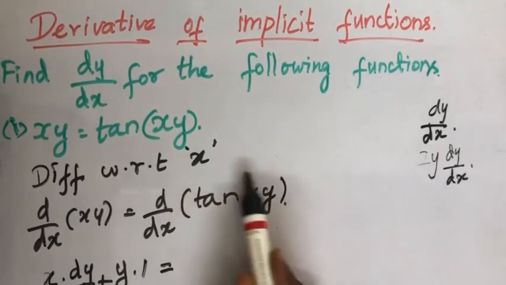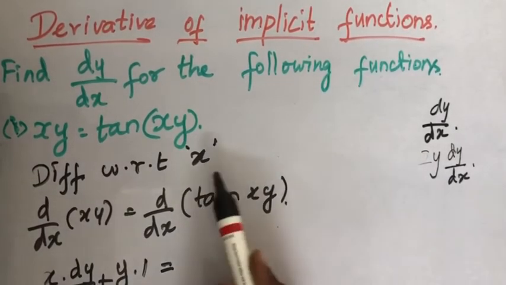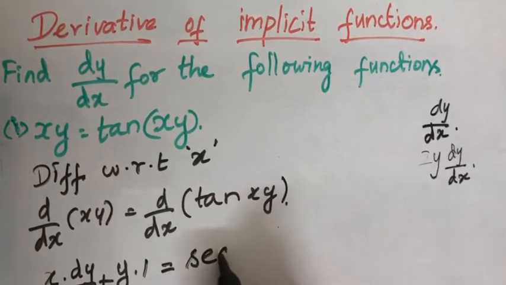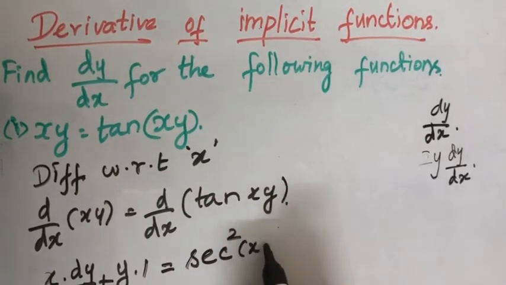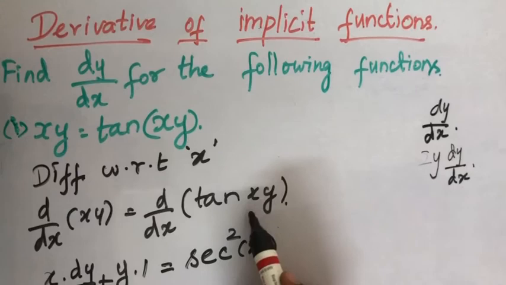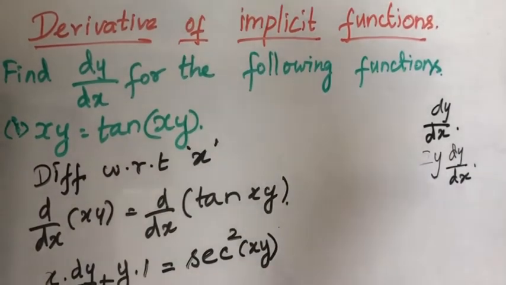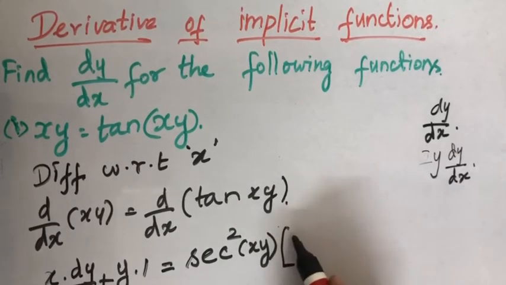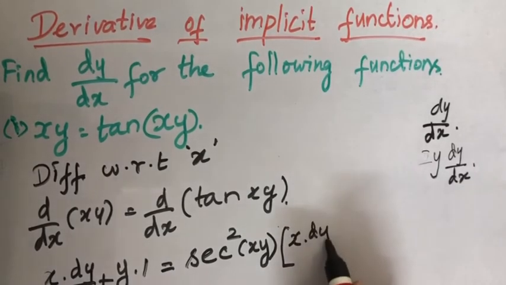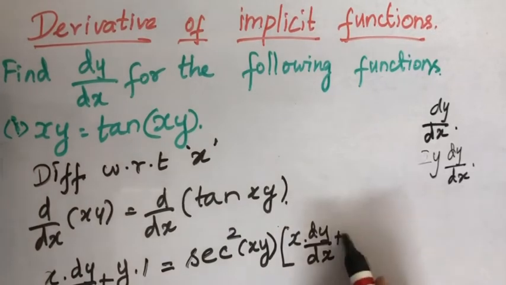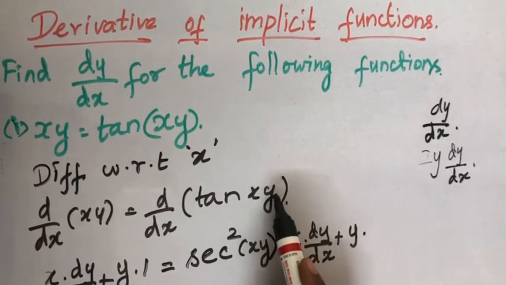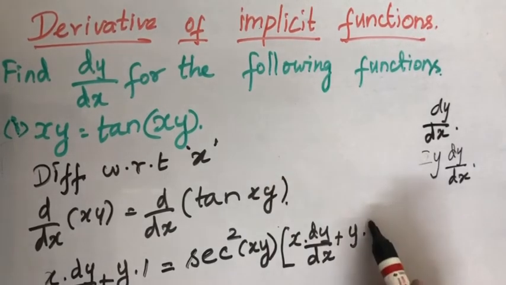What is the differentiation of tan? Differentiation of tan x is secant square x. So, while differentiating this, I get secant square xy. Now, here we have two functions. So, we have to differentiate them, that is x into dy by dx plus y into, while differentiating x, I get 1.